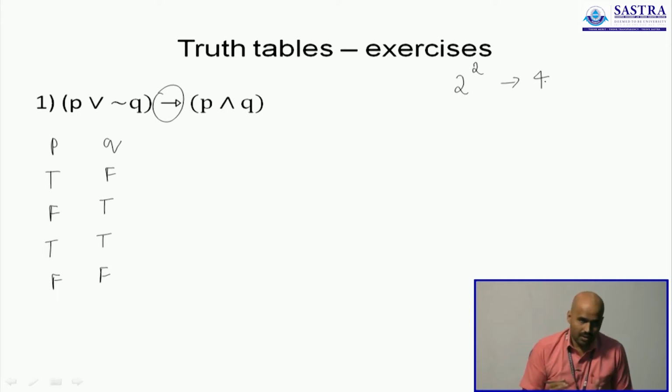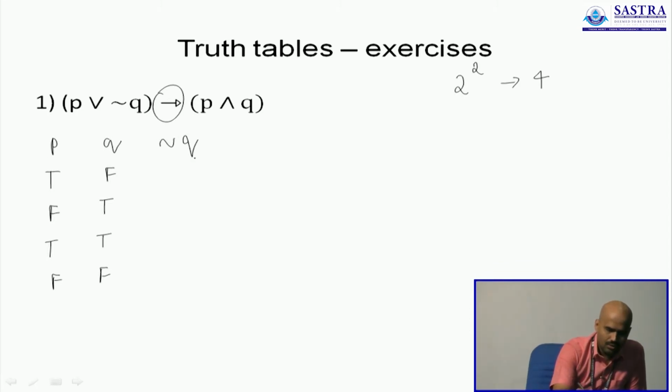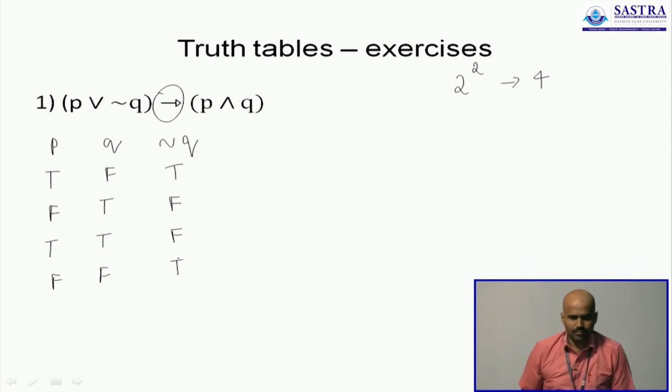And now we are into the problem. The problem says you'll have to find the disjunction of P with the negated version of Q. So let's first negate Q. If Q is negated, all truth values are flipped. That's what you'll end up with.